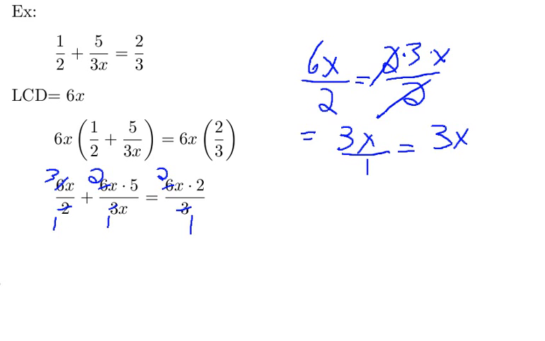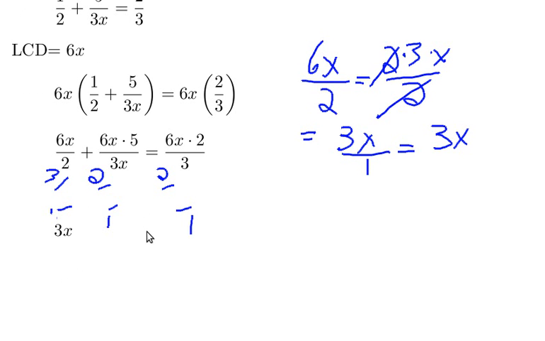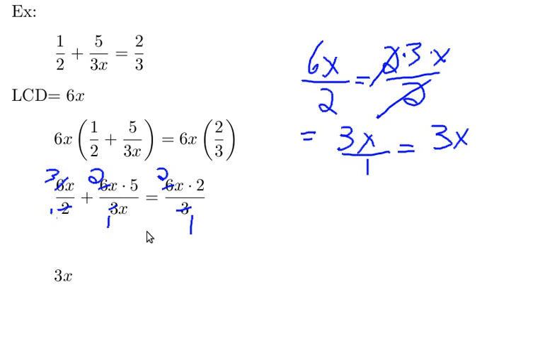At any rate, let's go on to the next line, and I'll write down all of these changes. So that gives us 3x plus, and then 2 times 5 will give us plus 10.